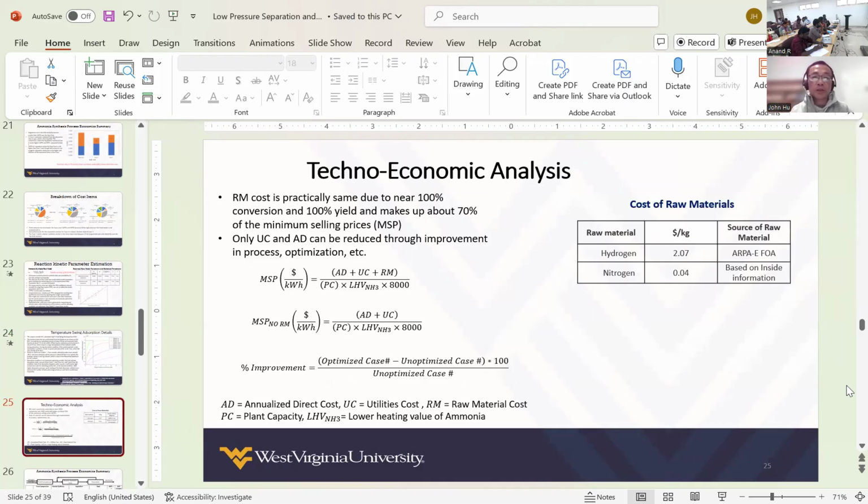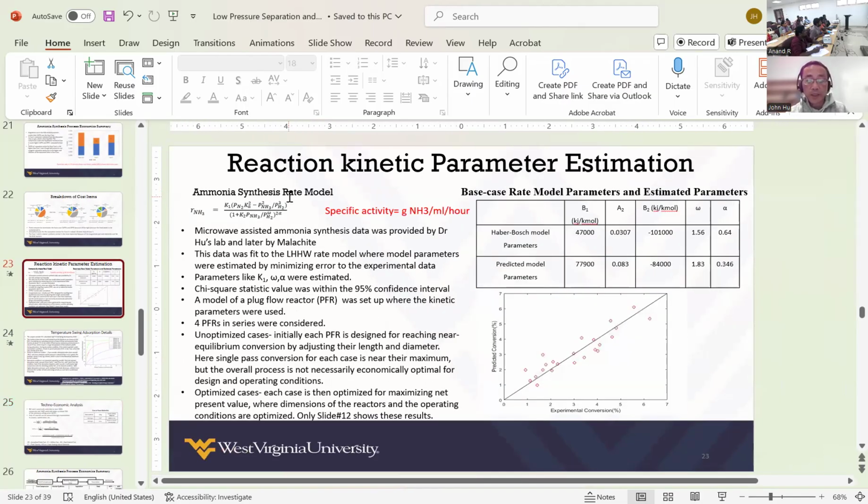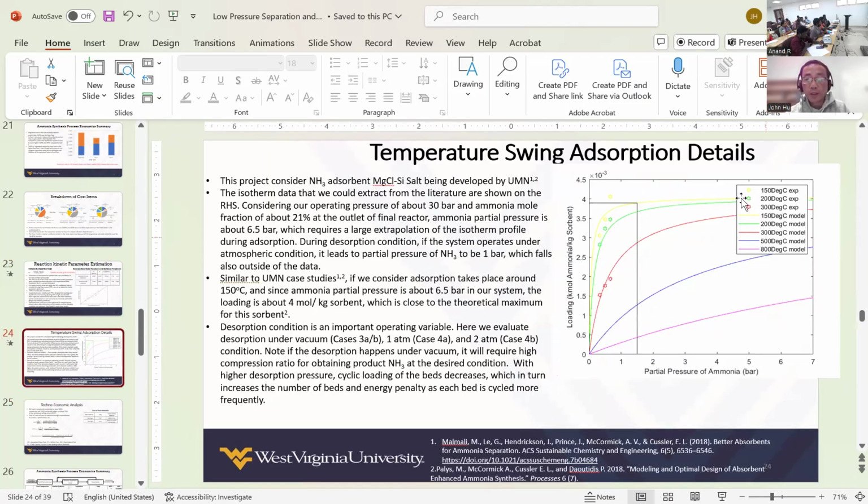Now come to your question. You mentioned that the Haber-Bosch plant is large, and you have laboratory data, so how do you compare? Well, we use our laboratory data to make projections, we use our laboratory data to develop kinetics, and also using laboratory data, we size the plant at 60,000 tons per year, which is not the size of a Haber-Bosch plant.